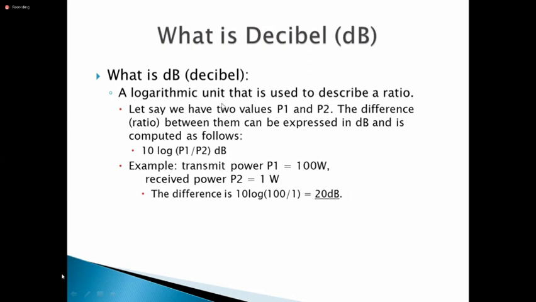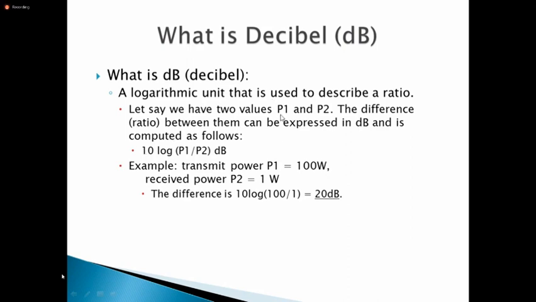This is the equation to calculate a ratio. Actually, decibel calculations are used to calculate a ratio in decibel scale. මොකක් හරි ratio එකක්, power ratio එකක් හරි මොනවා හරි ratio එකක් decibel scale එකෙන් calculate කරන එකට කියනවා log scale එකෙන් calculate කරන එකට කියනවා decibel calculations කියලා.